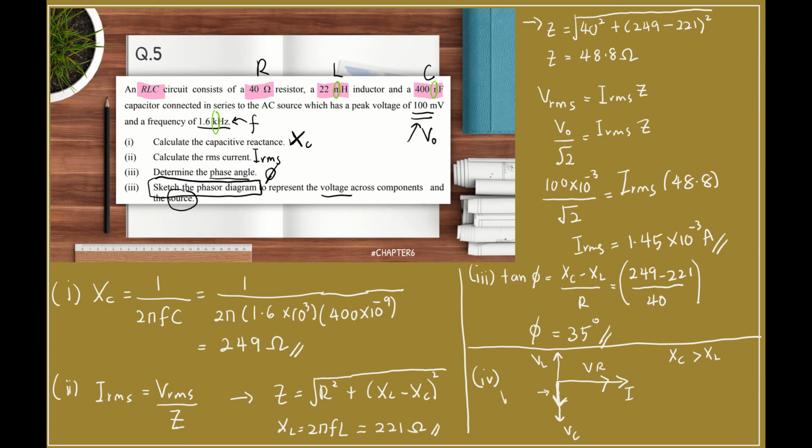Here is your VC minus VL, and the resultant is your source voltage V, and this is your phase angle. So this is how the phasor diagram looks for this case.